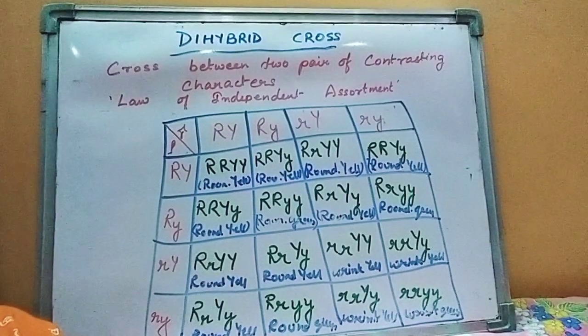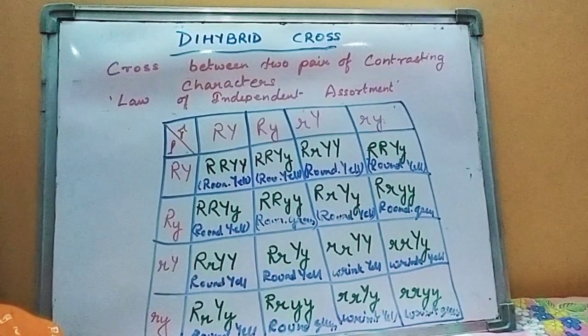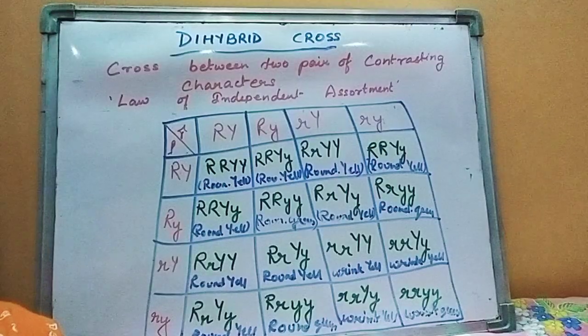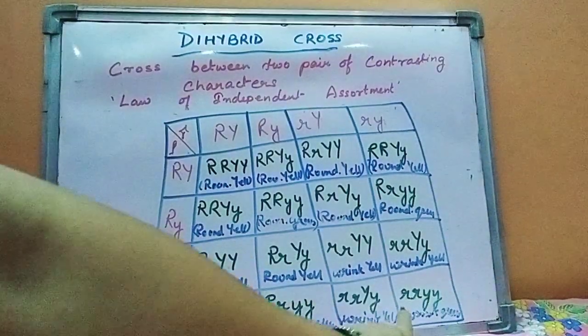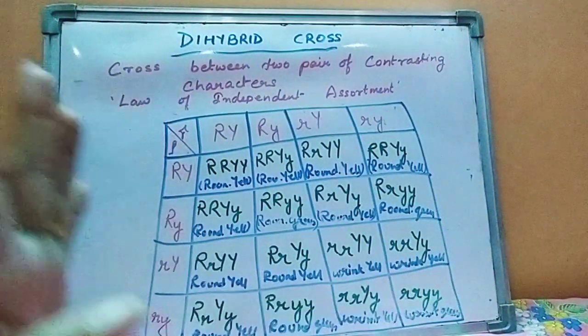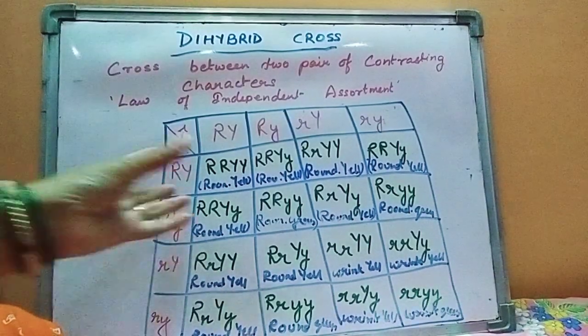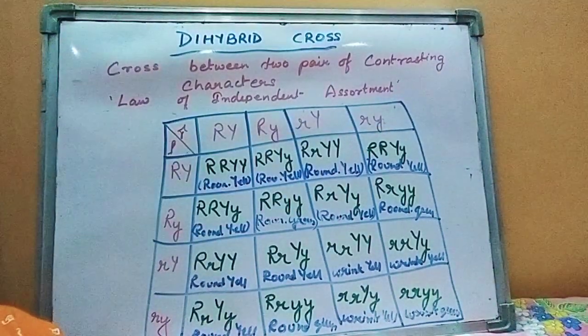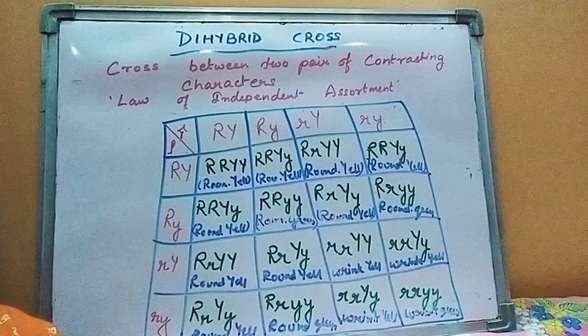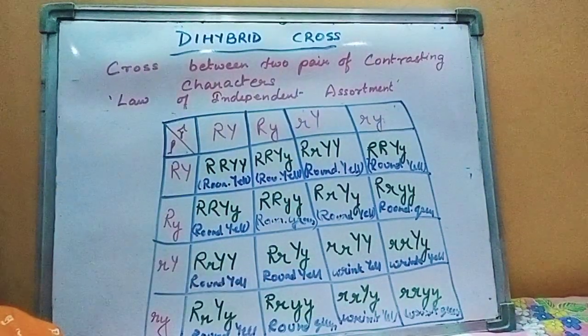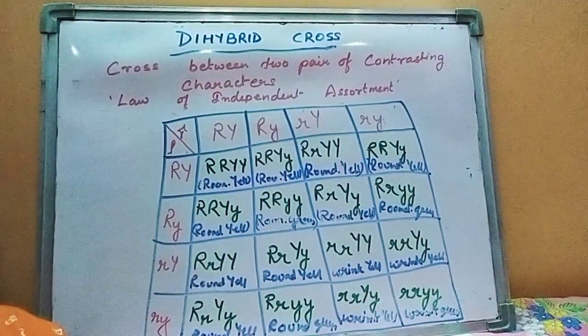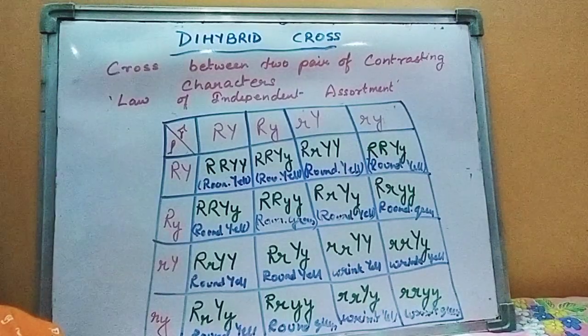So I think you have understood how the characters got assorted independently here. That means wrinkled green has also come out. That is, the recessive pair also has come out. Round yellow, the dominating, has come out. Then round green has come out. And wrinkled yellow also, the character got assorted independently in comparison to the other one.